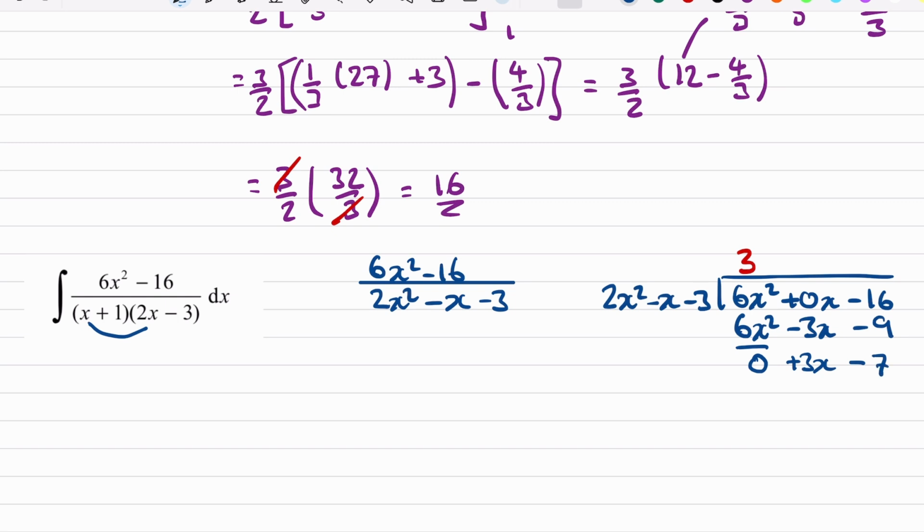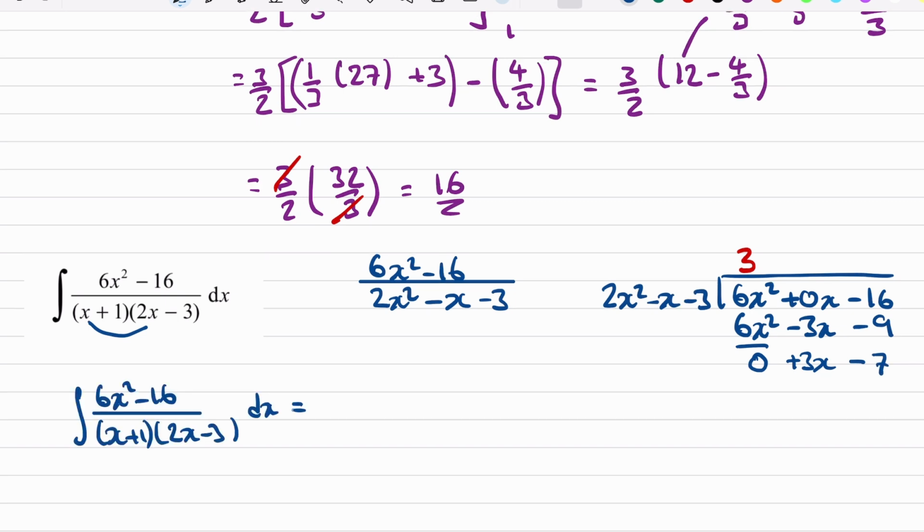So now we can rewrite our integral as being equal to 3 plus the remainder of 3x minus 7 over x plus 1 multiplied by 2x minus 3. And now we can use partial fractions with this bit here.